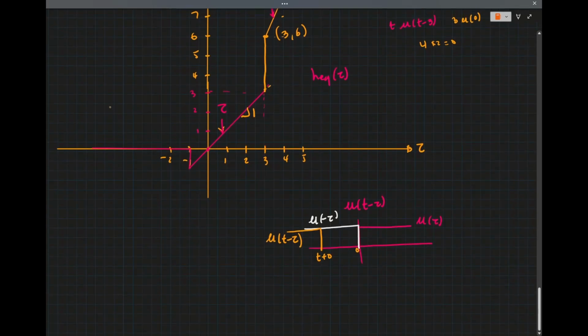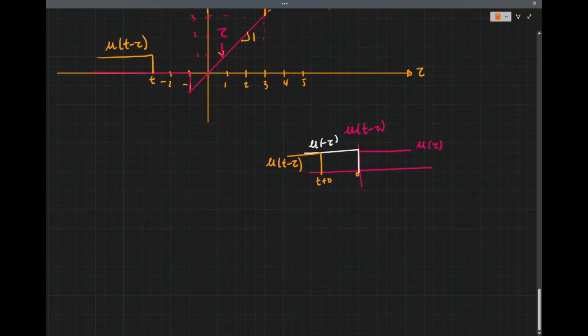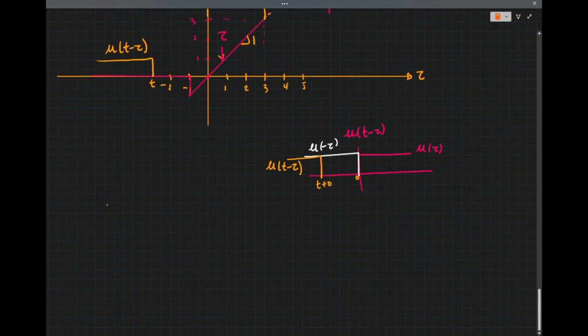Okay, so I'm gonna position u of t minus tau in here. So this is u of t minus tau. So case number 1, when t is less than -1, there's no overlap, right?